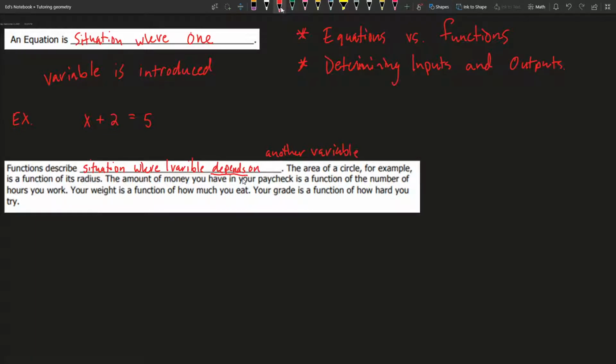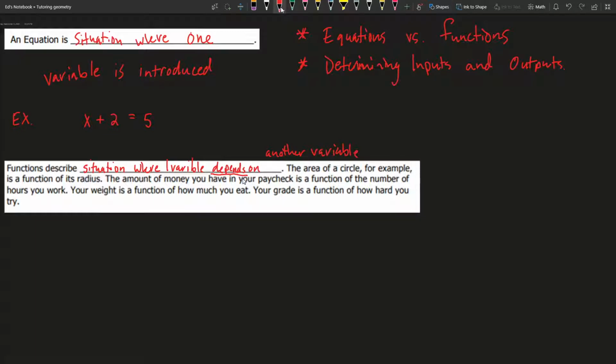So for example, the area of a circle depends on how big the radius is. Another example is the amount of money that you get on your paycheck depends on the number of hours that you work during that pay period.